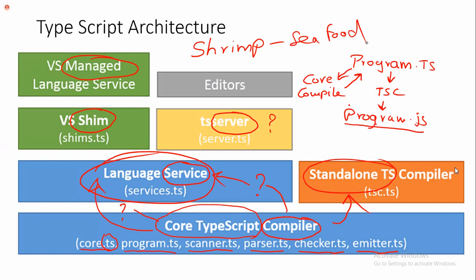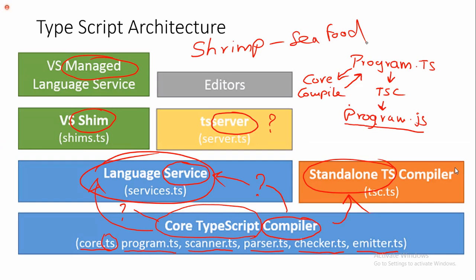Every programming language which has cross-platform ability has it because of shim. Now tell me what shim is going to do: it is going to generate the code in such a way which is understandable to every browser, every operating system, every device.